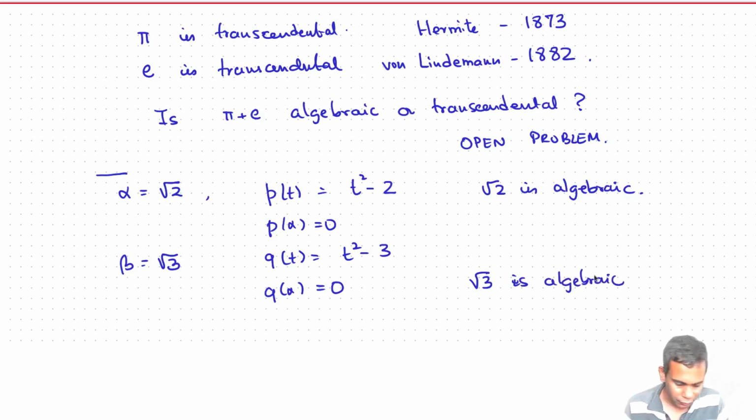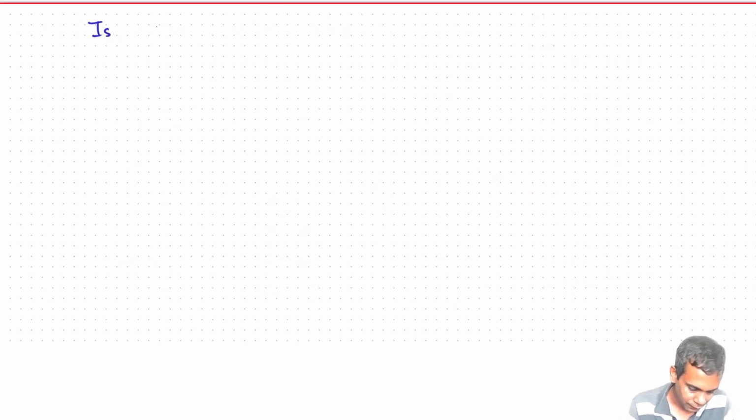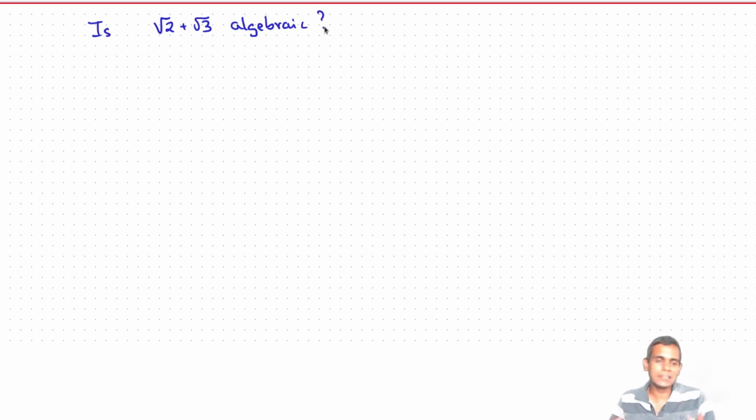Well, in the spirit of pi and e, we can ask, is square root 2 plus square root 3 algebraic? In a later lecture, we'll see a very conceptual reason why square root 2 plus square root 3 is algebraic. But right now, let's just try to find a polynomial with rational coefficients for which square root 2 plus square root 3 is a solution.